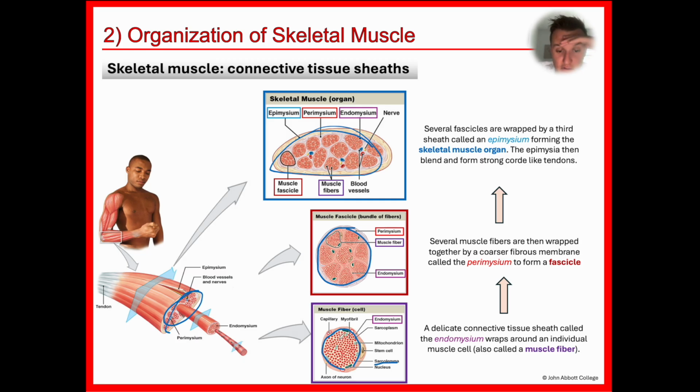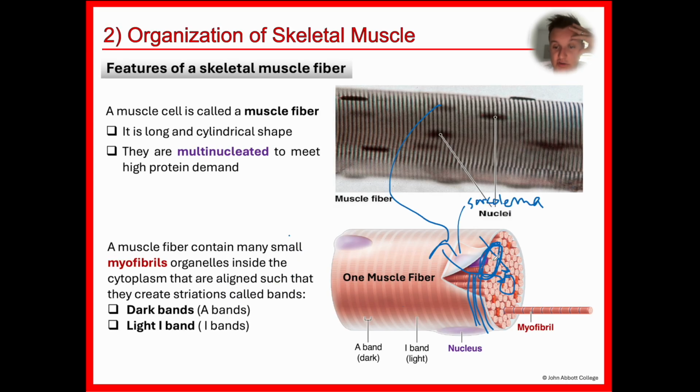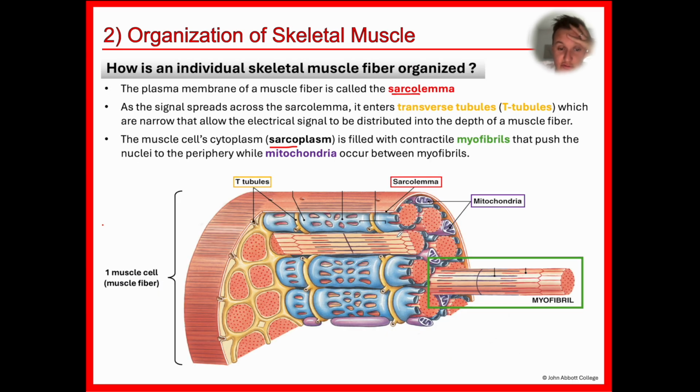If you look here, all of this yellow soup in between the myofibrils, that's what we call the sarcoplasm. So I want you to imagine a bunch of liquid, soup, jelly in between all of these organelles. They're tightly packed, right?